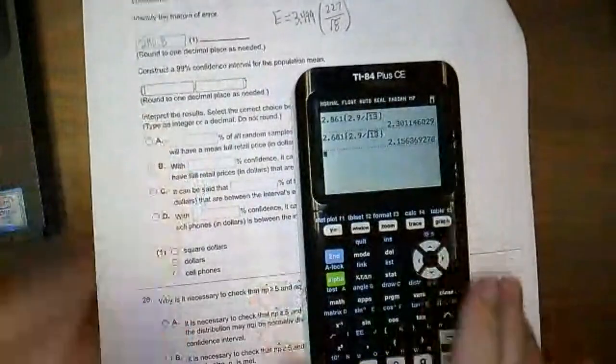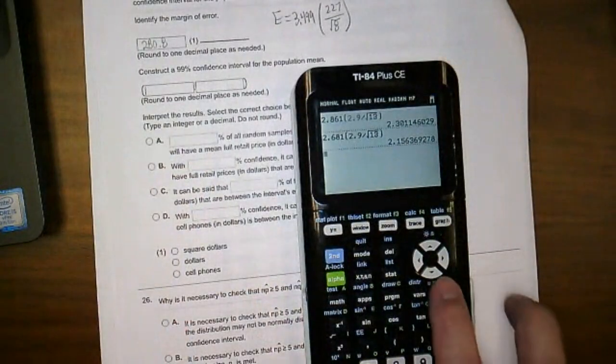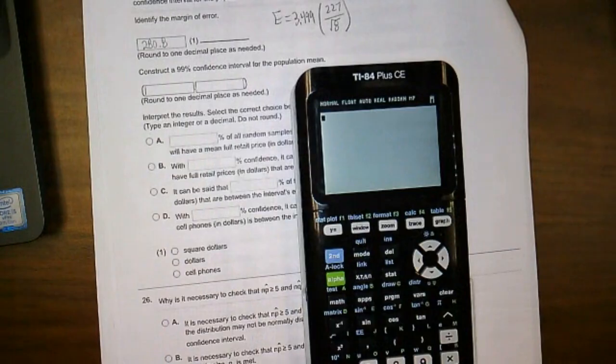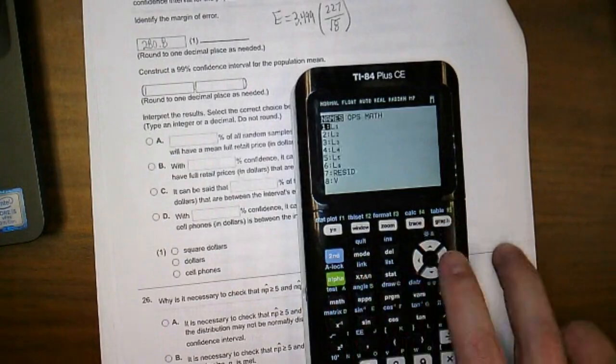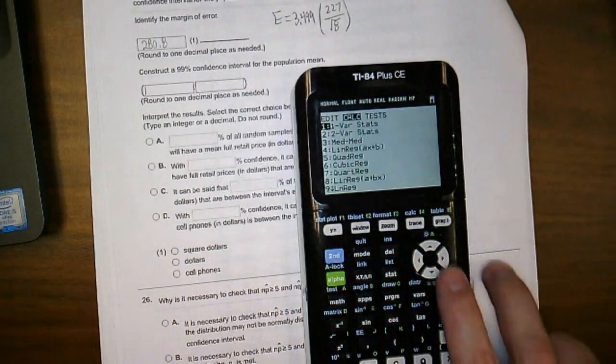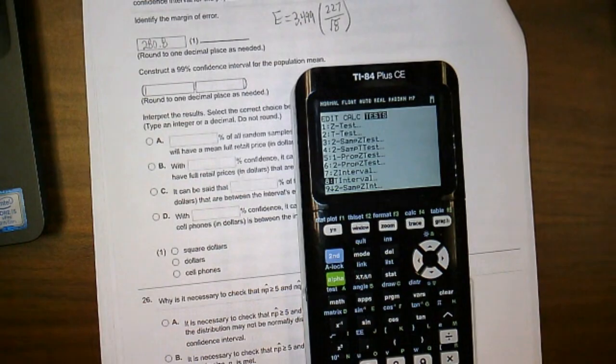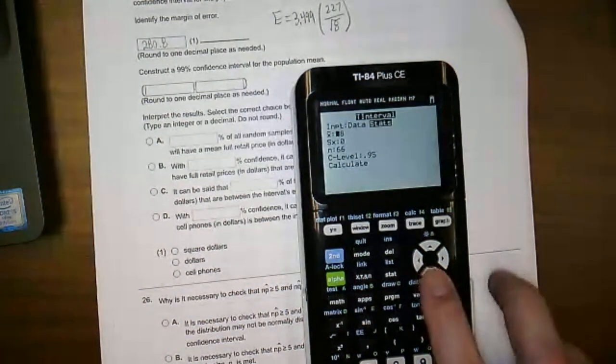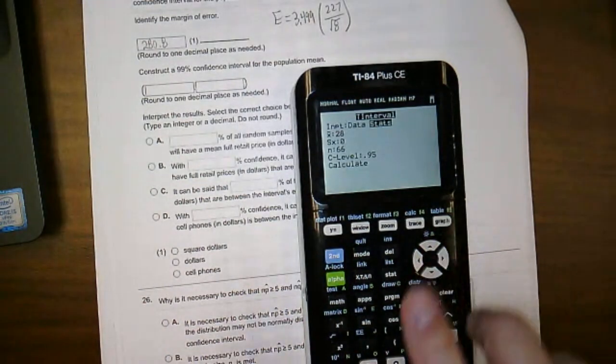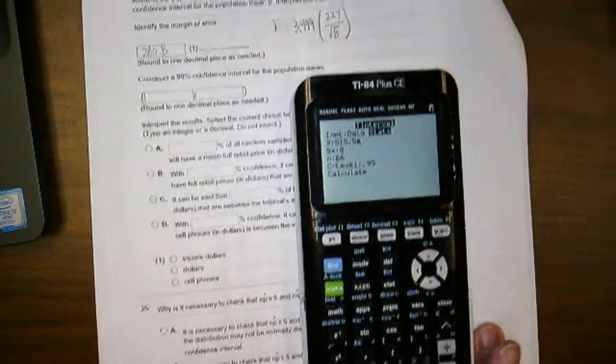And so when we do our confidence interval, go to stats, over to test, and we're doing a t-interval this time since we used our t-scores. So X bar is 515.5.